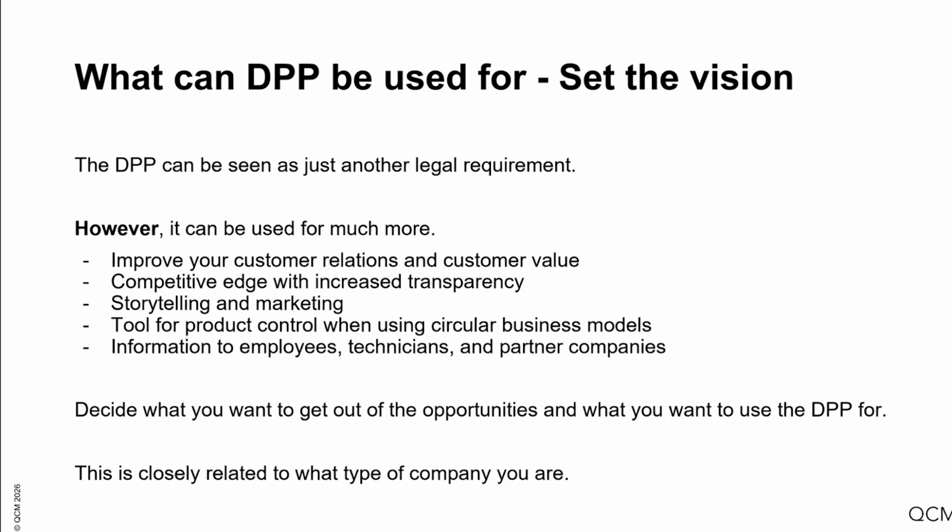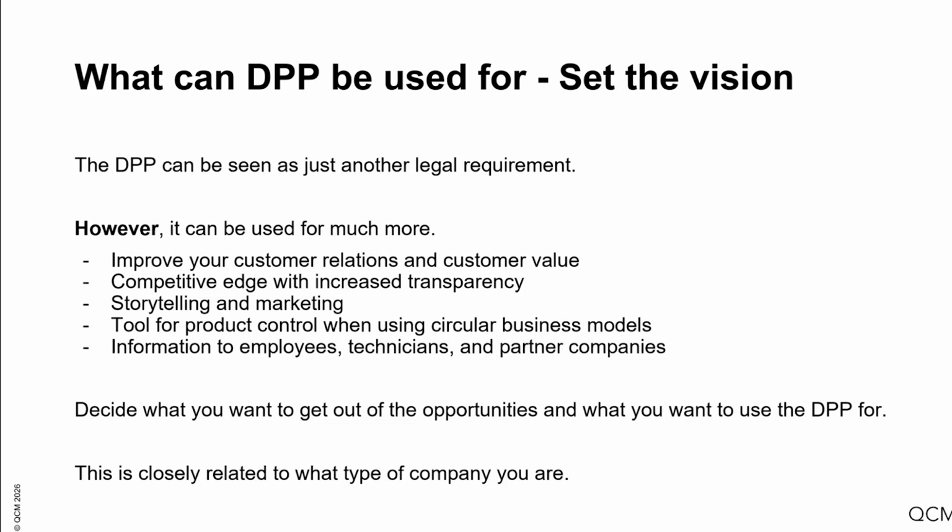But it can be very much more, and I think that we hear a lot of stories and ideas on how to use the DPP as something more than actually just a legal requirement information portal. So you can use it to improve your customer relations and customer values. You can use it for a competitive edge with increased transparency, so you have maybe more data than is required. You can use it for storytelling and marketing.